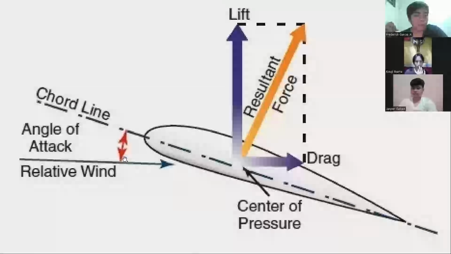Because when wind hits this wing, it actually goes down, right? It goes down and goes right. Now, from Newton's laws of motion, there is an equal and opposite reaction. Thus, there is a force that goes up and right.